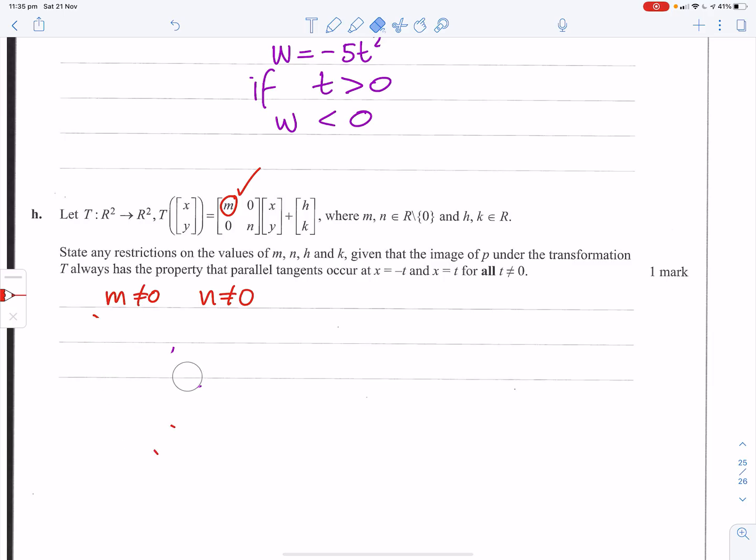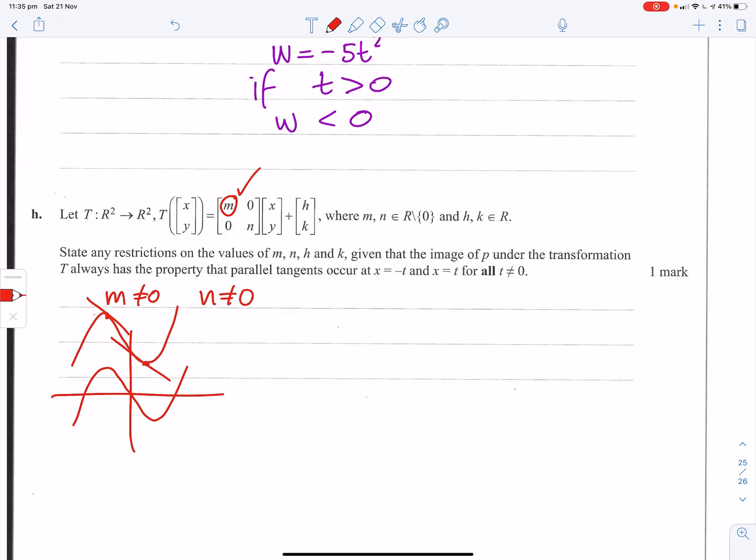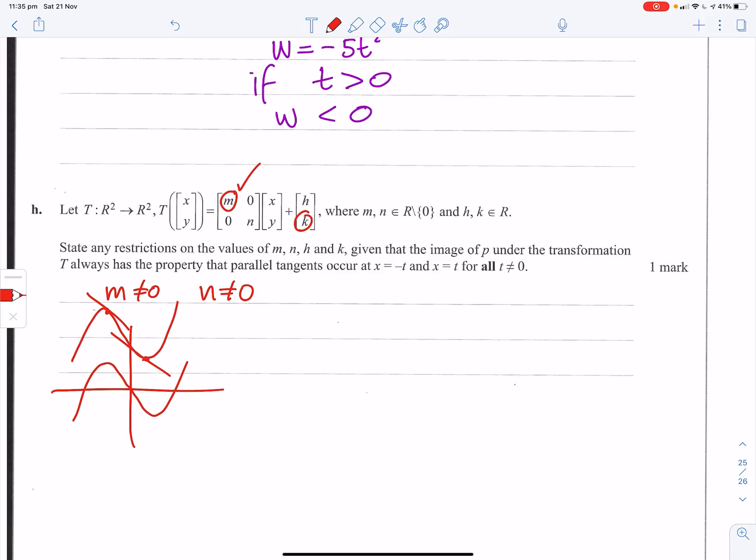If we move the graph up and down, so if I keep the same shape, but move it up and down, there's negative t and there's t. That's still going to be okay for all values of k, because k is moving it up and down.